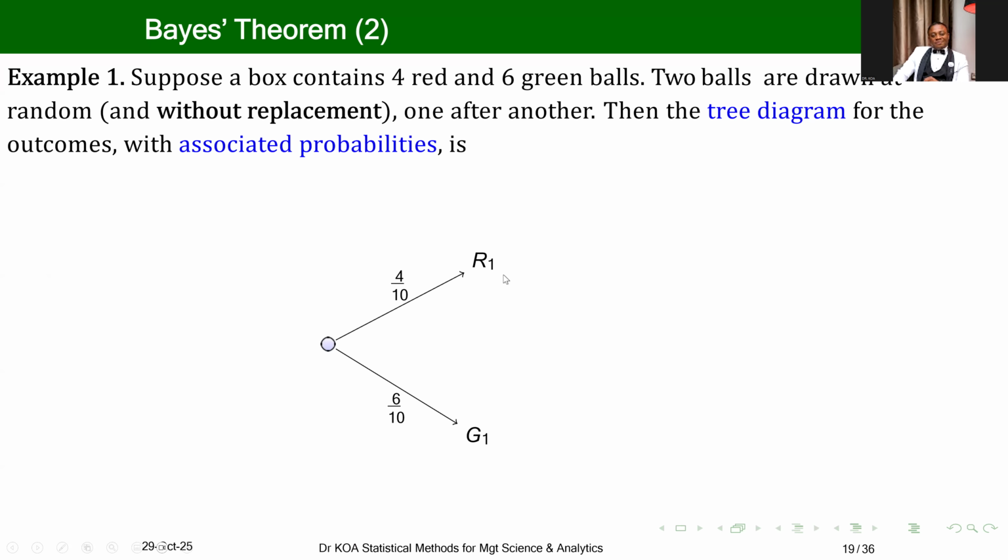Given that the first is red, what is the probability that the second is red? That's going to be 3 over 9. And that is written as what? It will be P of R2 given R1.